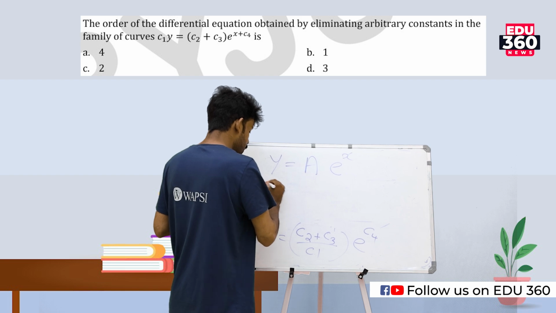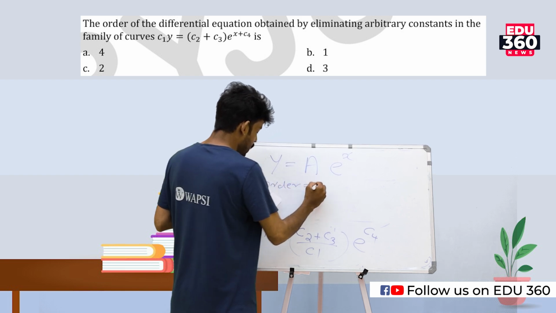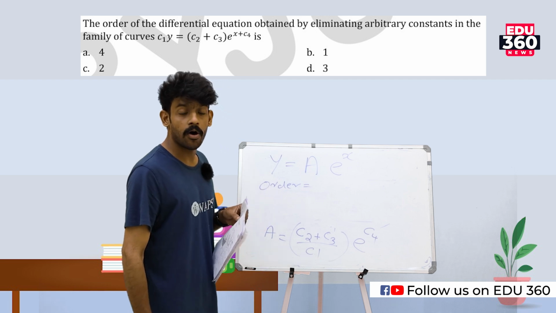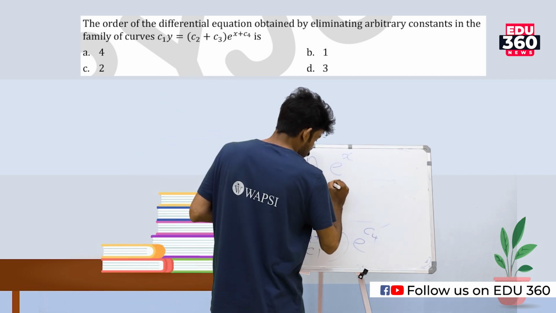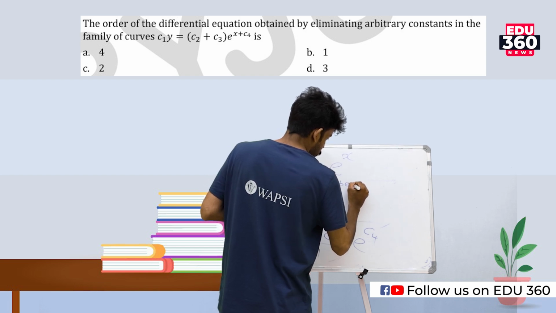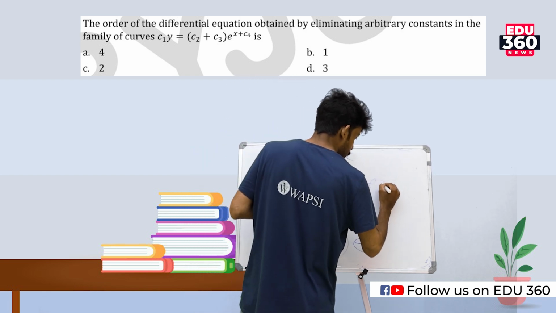So here, look at here, order is equal to number of independent arbitrary constants.